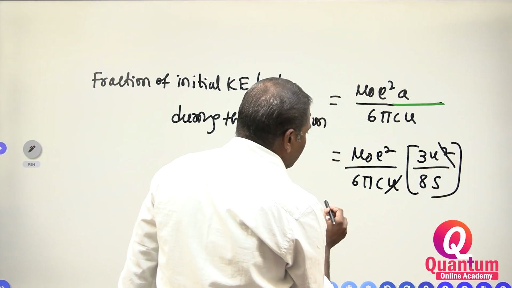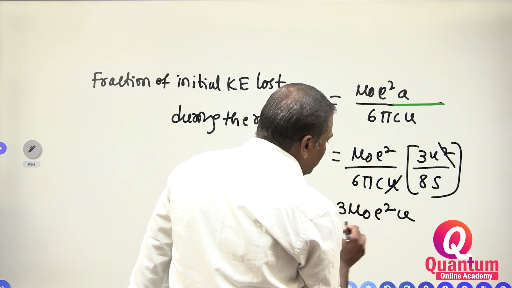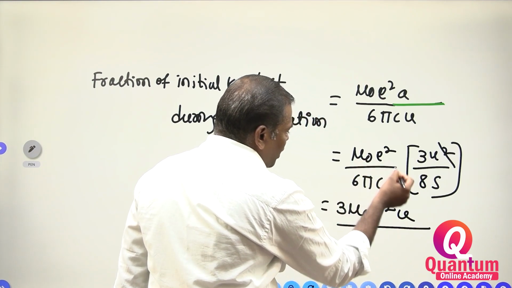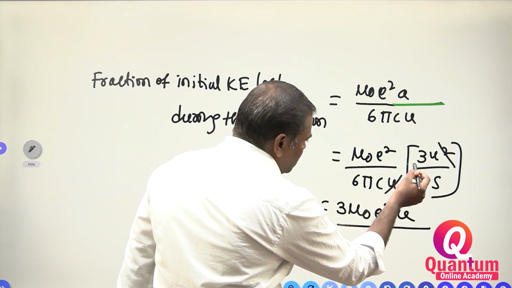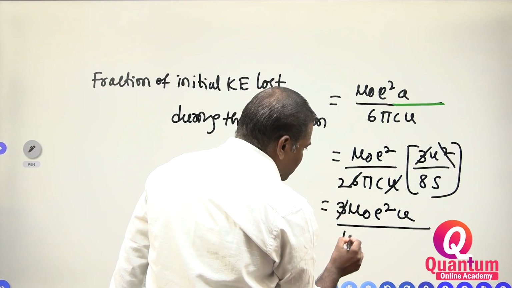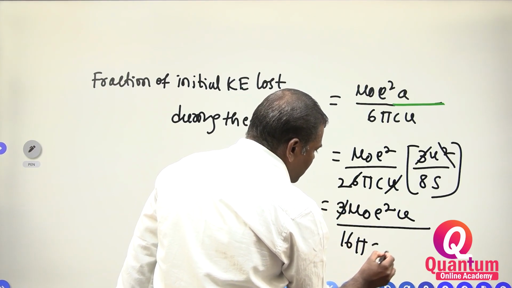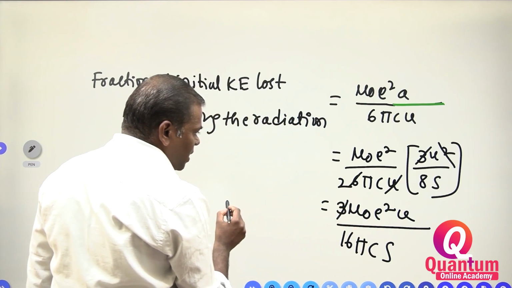One u gets cancelled. Therefore, 3 mu naught e squared u divided by 6 pi c into 8, so 3 1 ja, 3 2 ja, you are getting 16 pi c S. This is the answer.